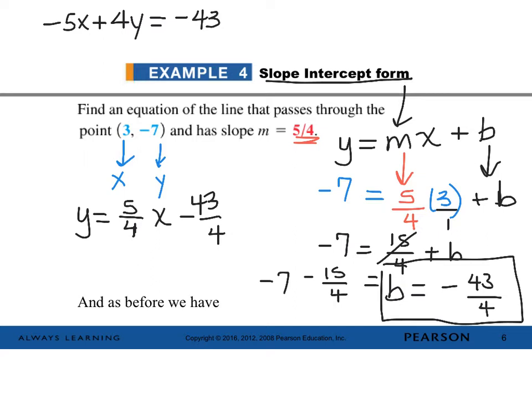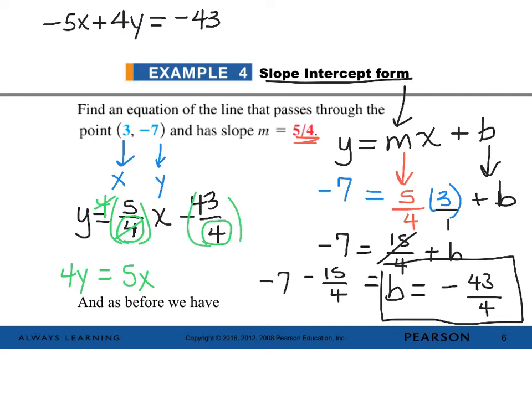But if you remember, take your common denominator and multiply everything by that common denominator. So I'll multiply 4 times y is equal to 4 times 5 over 4, leaves us with 5 times x.